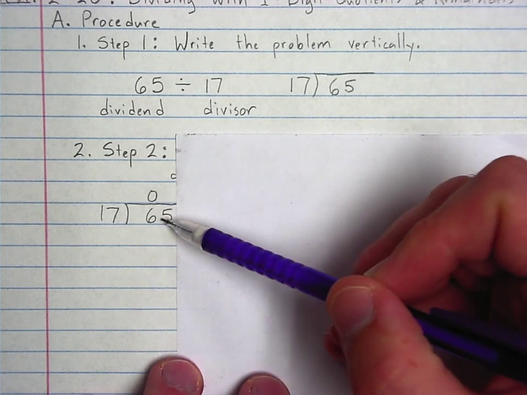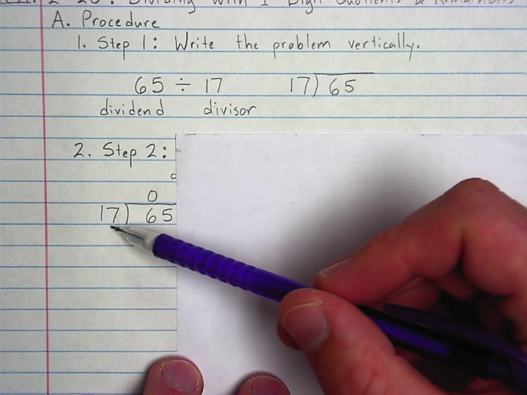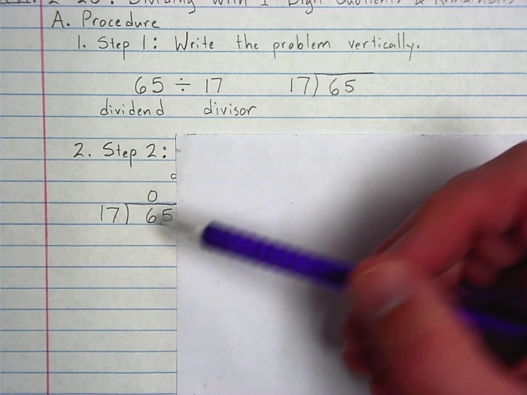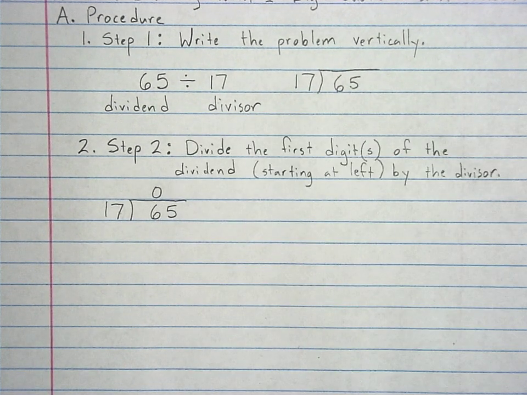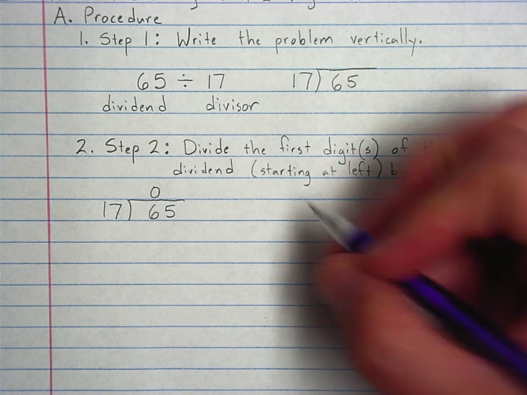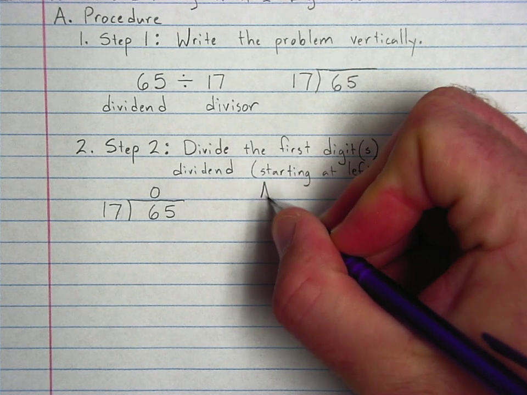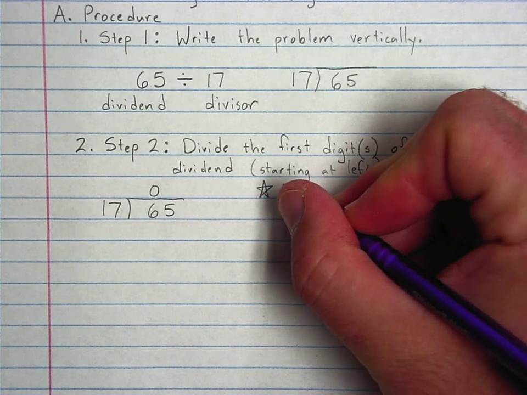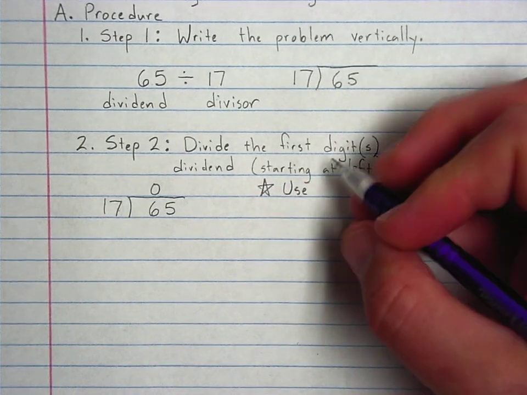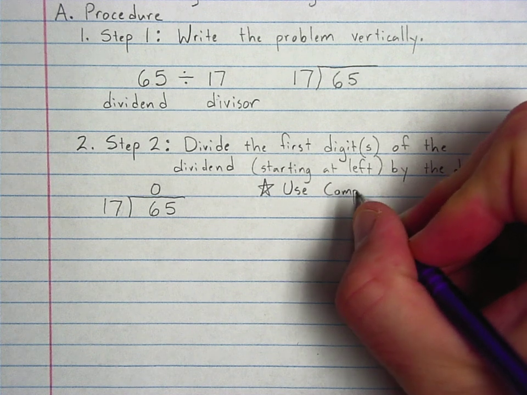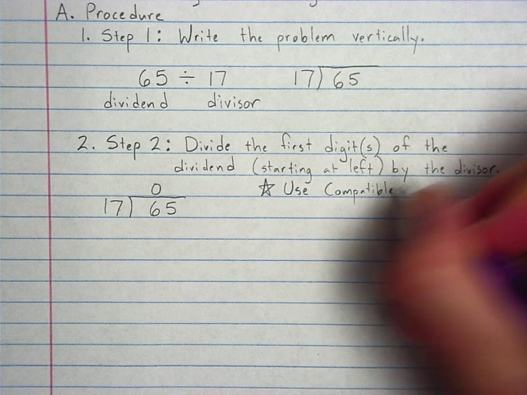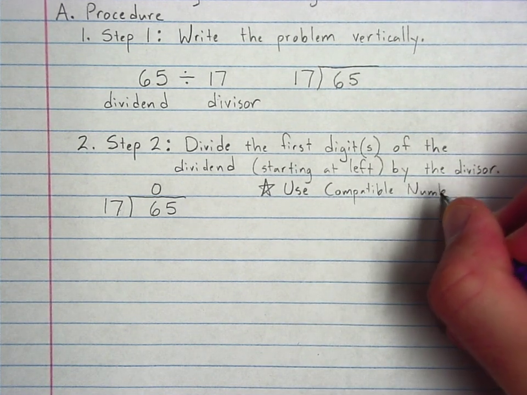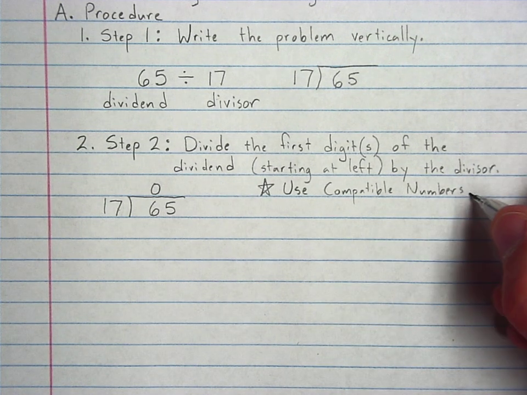Now 17 will go into 65. We have to find out about how many times. This is what I was talking about earlier, and this may still be feeling kind of new. In 2-17, we talked about using compatible numbers. We use compatible numbers to help us estimate.